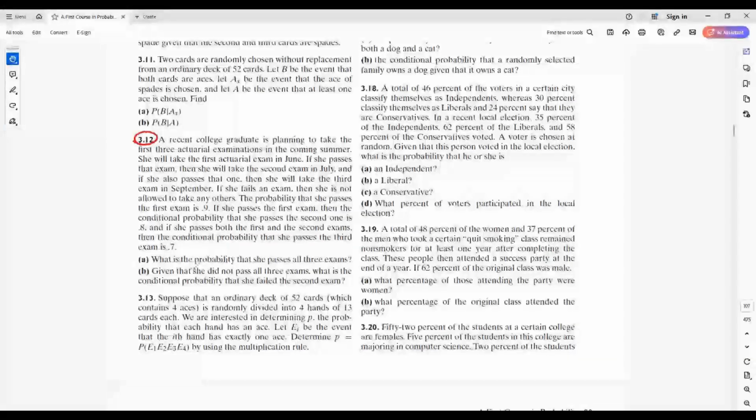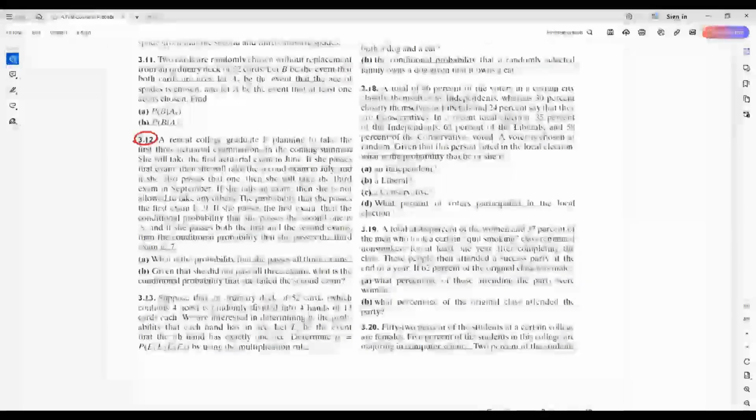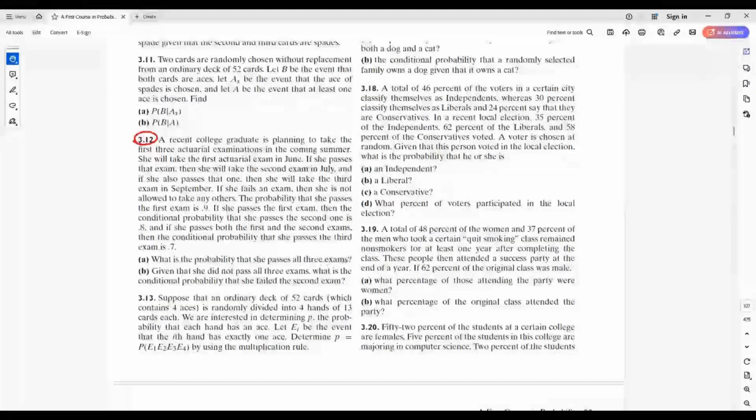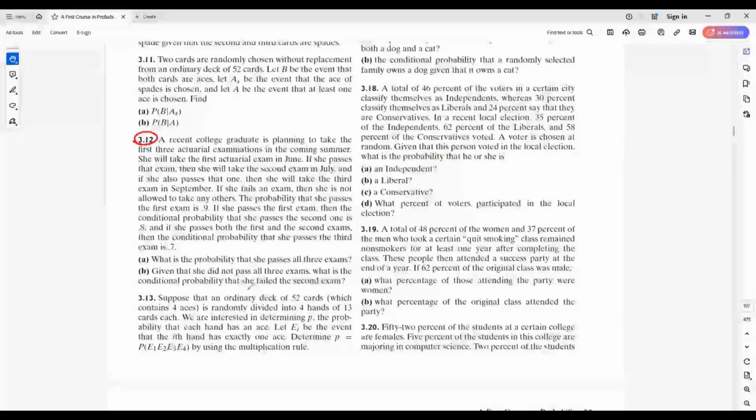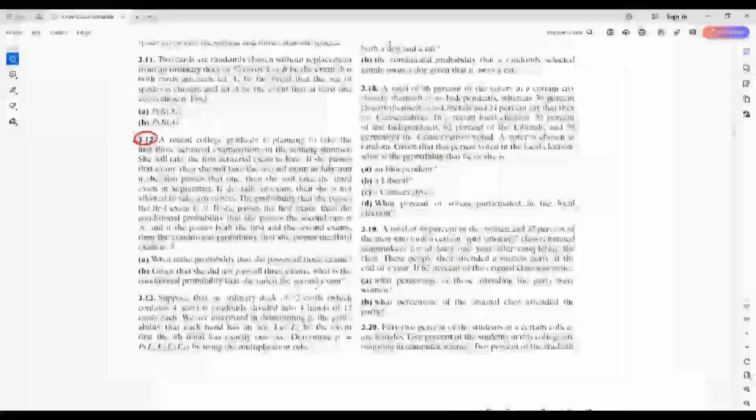Question A, what is the probability that she passes all 3 exams? Question B, given that she did not pass all 3 exams, what is the conditional probability that she failed the second exam?